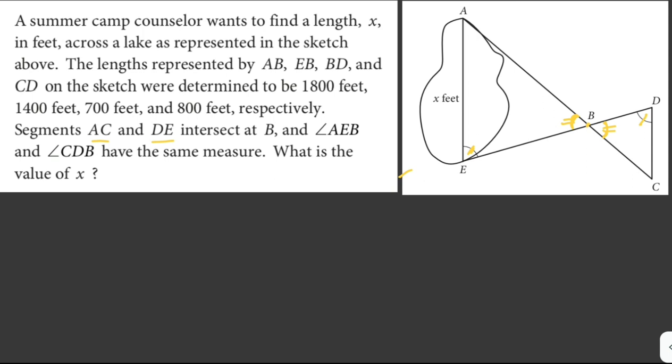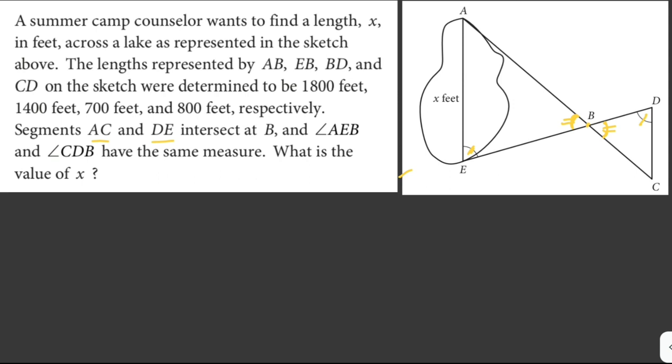Then triangle EAB is similar to triangle DCB because the triangles have two pairs of congruent corresponding angles, which is the angle-angle criterion for similarity of triangles.